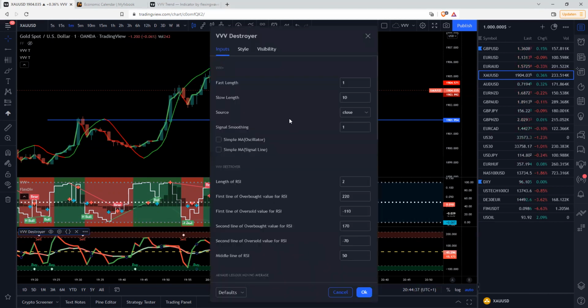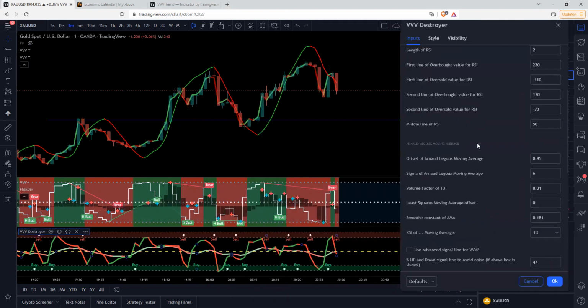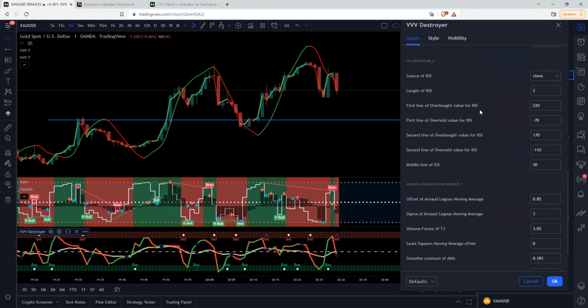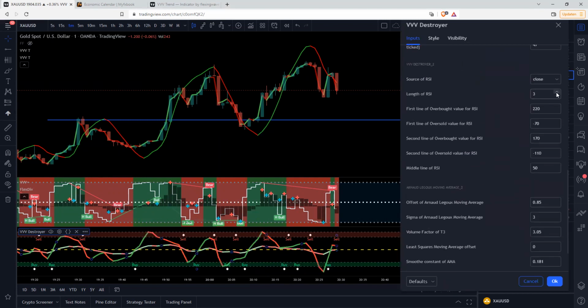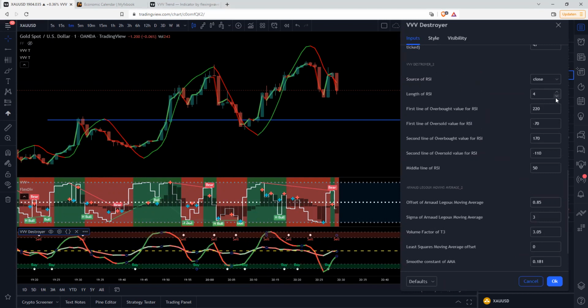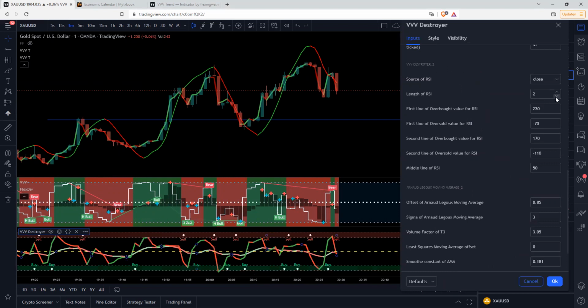Yeah, sure. Wait a second. The length of the RSI. I was thinking very much about the settings of the second destroyer line, actually, because on 2 you're gonna get faster signals, like you're gonna get here already your color.